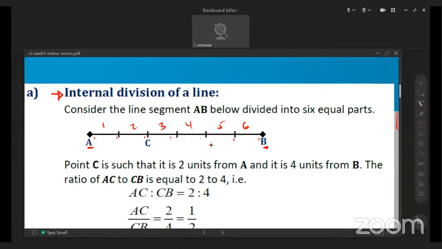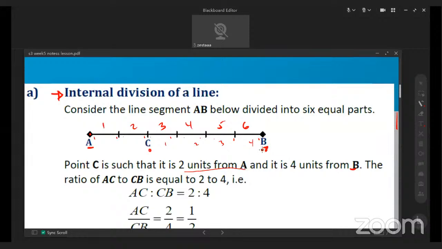Now, we have a point C that is 2 units from A, and it is also 4 units from point B. So from here to point B, we have 4 units: 1, 2, 3, 4.